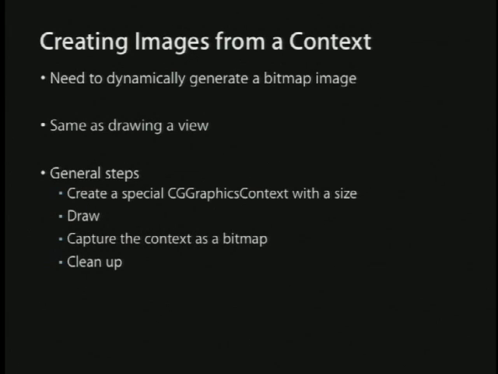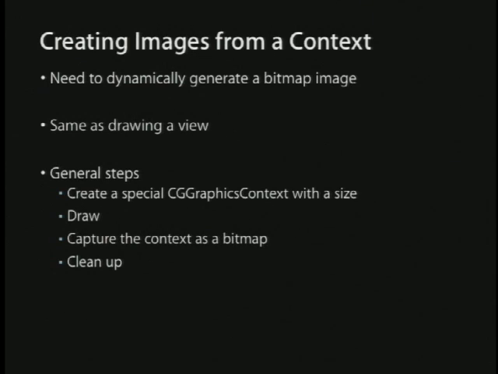You can create images from a particular CG context. This is actually pretty cool. If you need to create an image programmatically that you want to reuse later for multiple different things, there are some convenience functions in UIKit to create it for you, but you're actually defining a new CG context, and the backing of that CG context will be a piece of memory that will be used as a UIImage later.